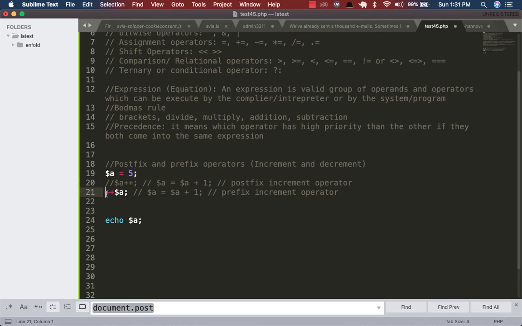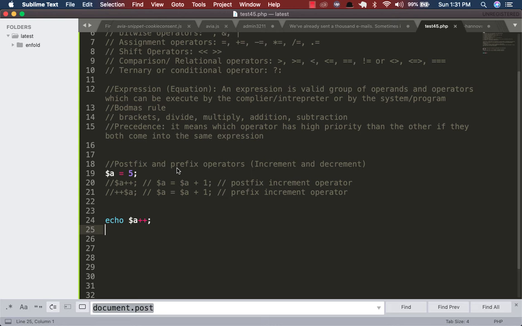I will just comment it out. Now you can see, even though $a should be 6, as this is a postfix, first the value of $a is assigned to echo, and after that $a is incremented by 1.